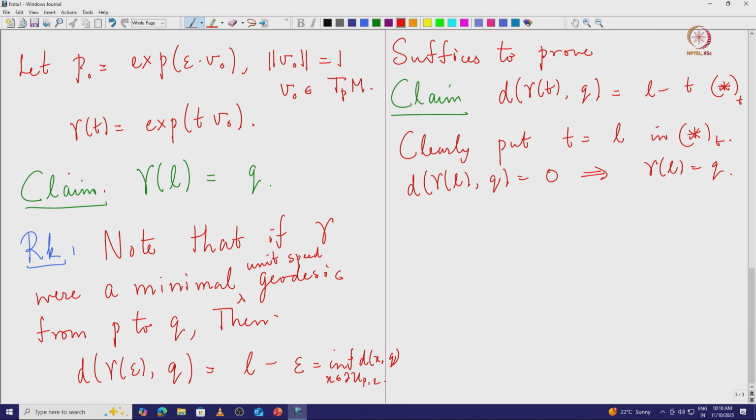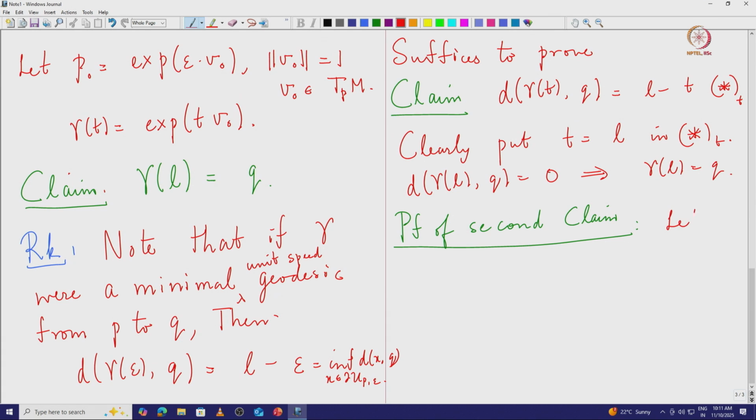So now how do you prove this modified claim? So, proof of the second claim, or the modified claim. Okay, so I am going to do the following.